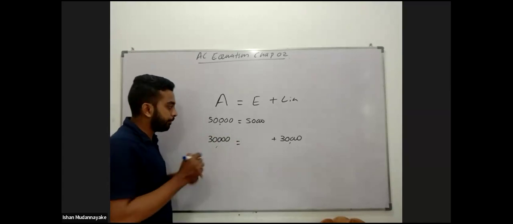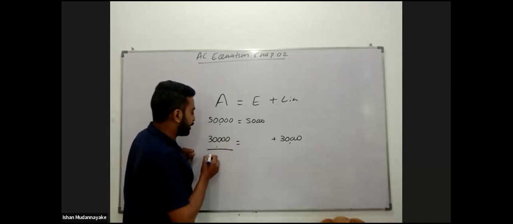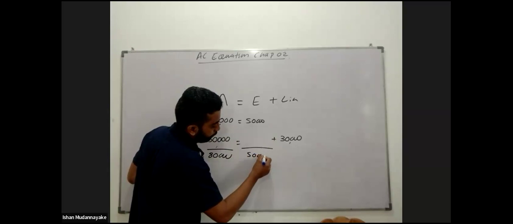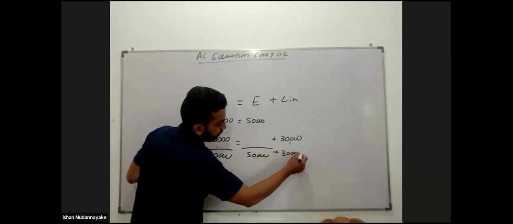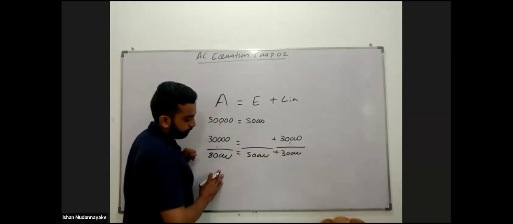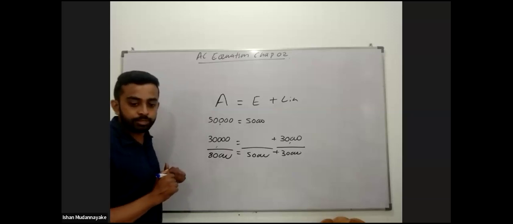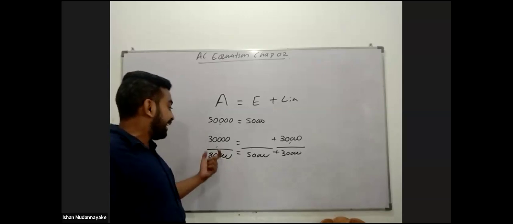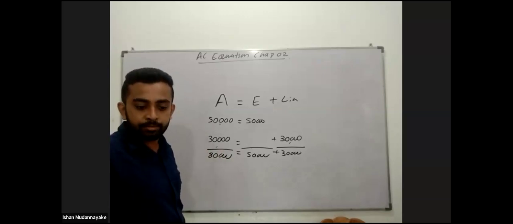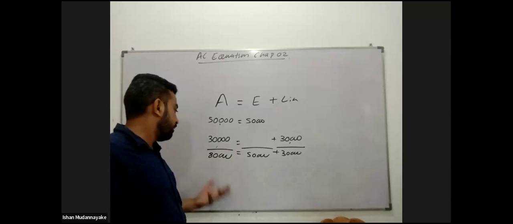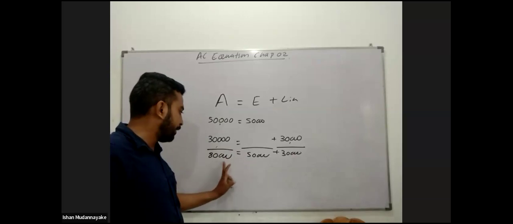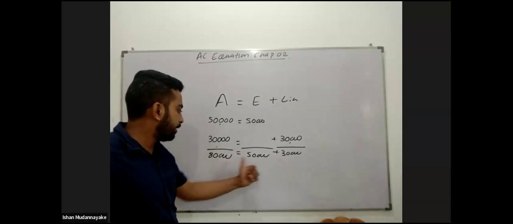Right now, total assets of the business organization are 80,000, total equity of the business is 50,000, and total liability is 30,000. To construct these 80,000 assets in the business, the owner provided 50,000 and the bank provided 30,000.